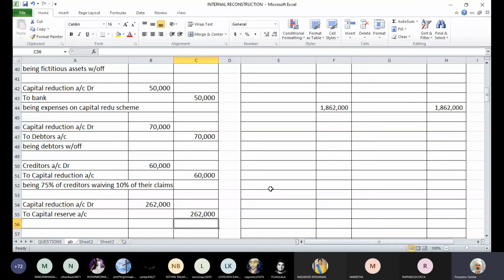That amount is getting transferred to capital reserve, debiting capital reduction account and crediting capital reserve account.